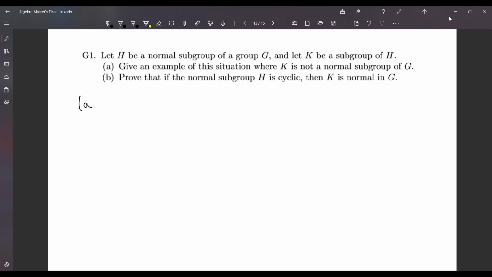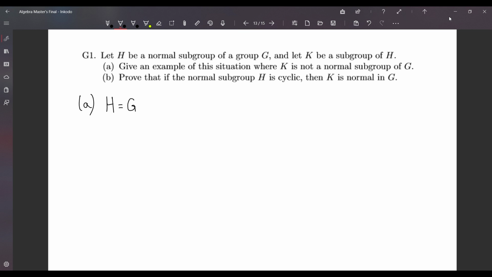Obviously there are many possible ways to give a scenario, but the easiest way to do this is to let H equal G, because G is always going to be a normal subgroup of G, in a trivial sense.